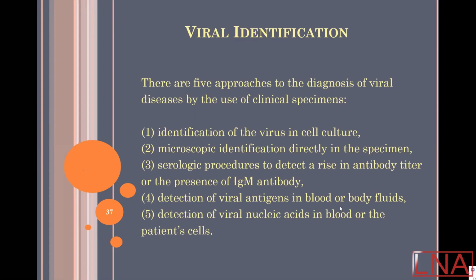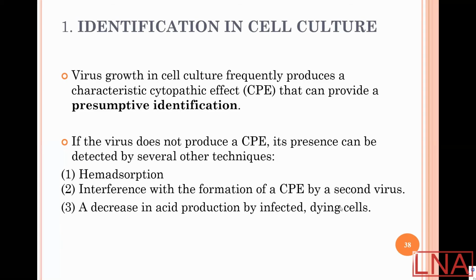And the last possible way, but not last by importance, detection of viral nucleic acids in blood or the patient cells. I would like to tell you a few words about each way of identification.